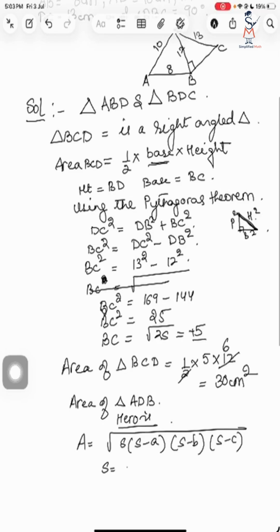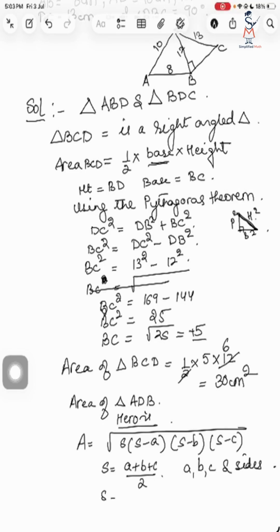S is the sum of all the sides divided by 2, that is semi-perimeter, and A, B, C are sides. So what is S? 8 plus 10 plus 12 divided by 2, that comes out to be 15.